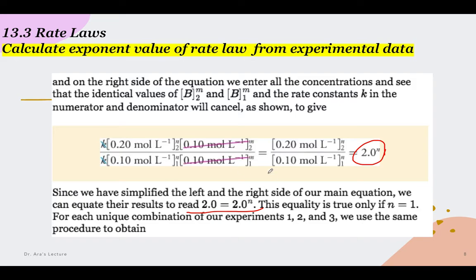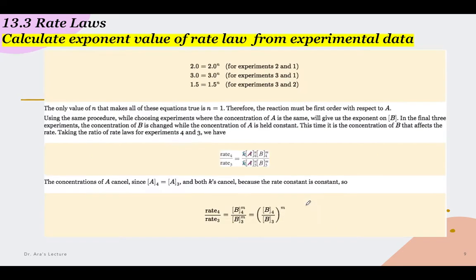When we find the equality, that means we find the value of the exponent and also the order of reaction. So here we saw that if n equals 1, then 2 equals 2. So that means this is a first order reaction with respect to A for the comparison of experiments 2 and 1.